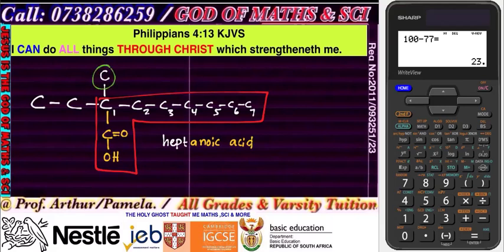Oh, no. I missed that. I missed counting that one. Can you see the yellow one? It's supposed to be 1 here. Everything must be 8. Just fix the numbering, it must be 8. So it's octa. It's going to be octanoic acid.